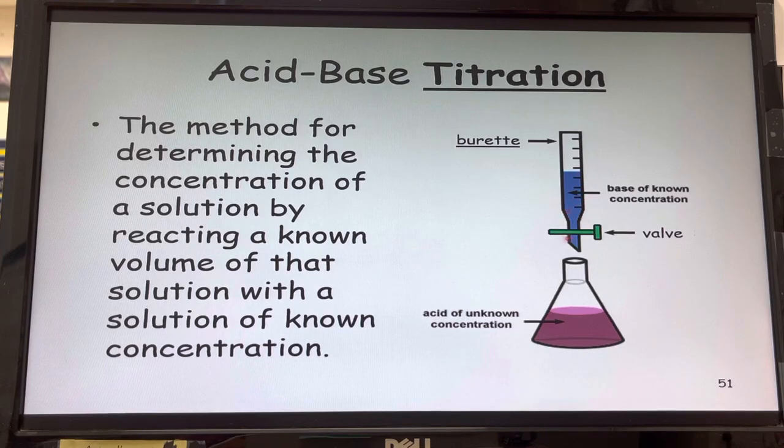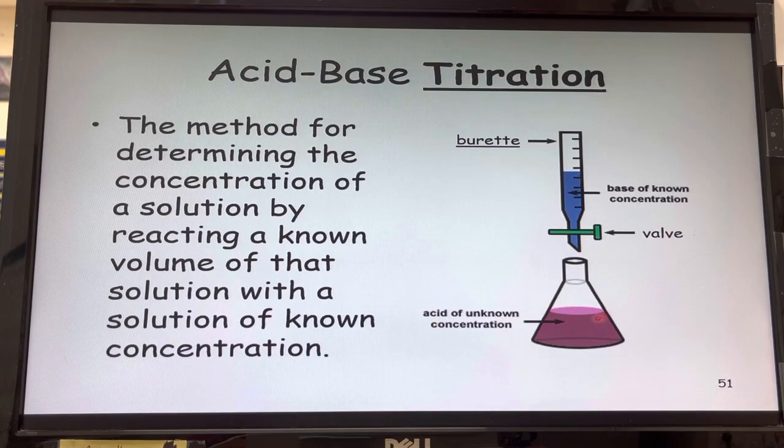And they are different colors. There's an indicator in here, which I'll tell you in a minute. And you open this up and you drip, drip, drip the base into the acid until a color change occurs. And in that process, you are measuring precisely what volume of that solution you put into it.